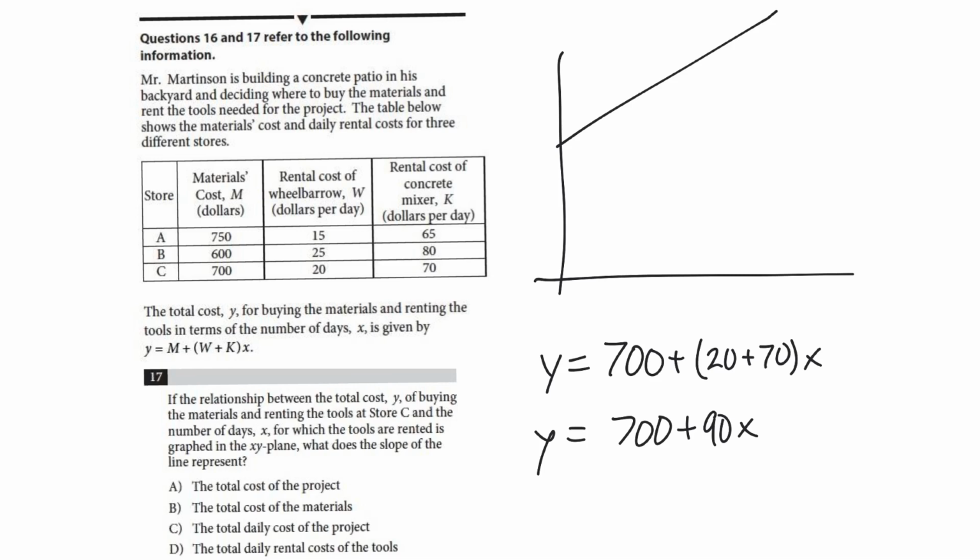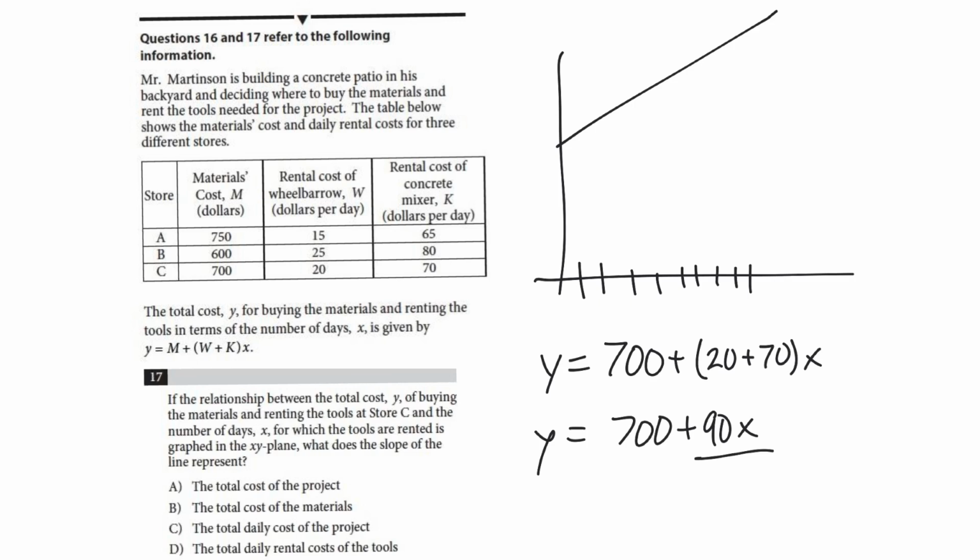Well, 700 is the cost for the materials. That's kind of a sunk cost, right? The only other value here is 90x, which is telling us the slope of the line based on the number of days that the rental lasts. So the slope of this line is 90. That means it costs $90 per day to rent the tools.